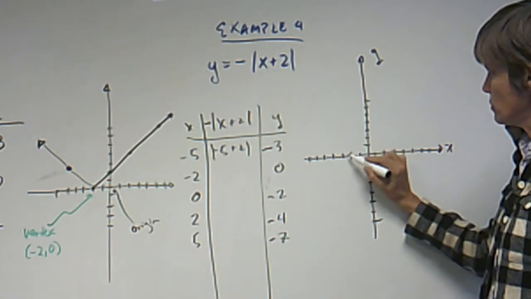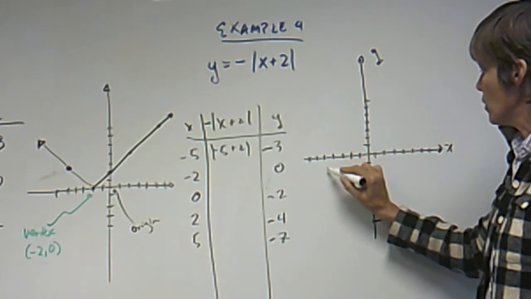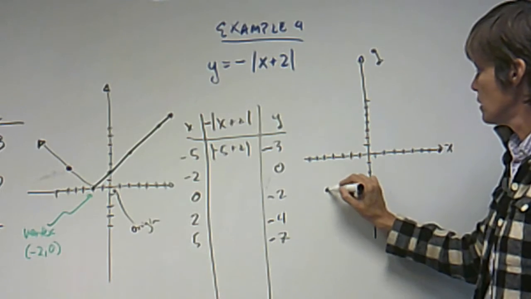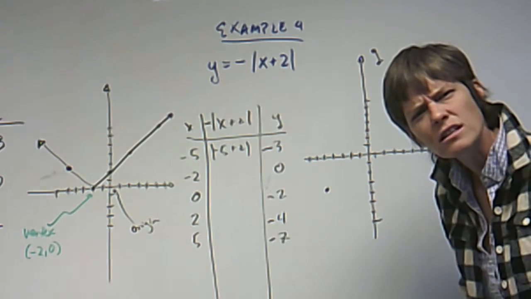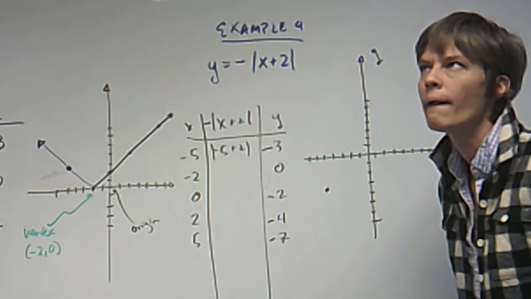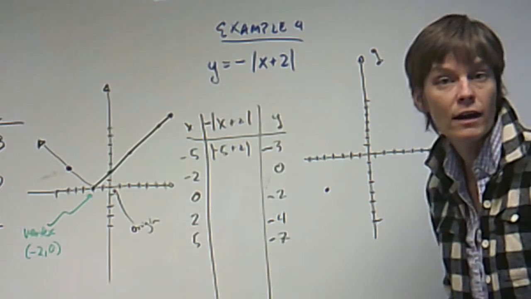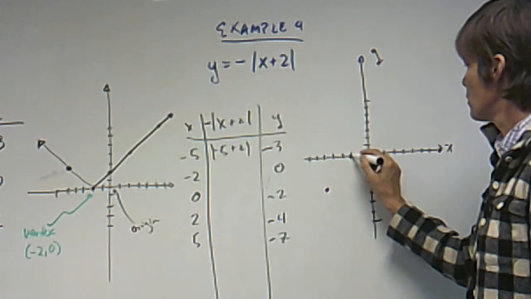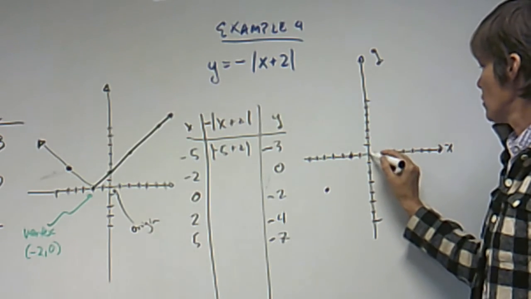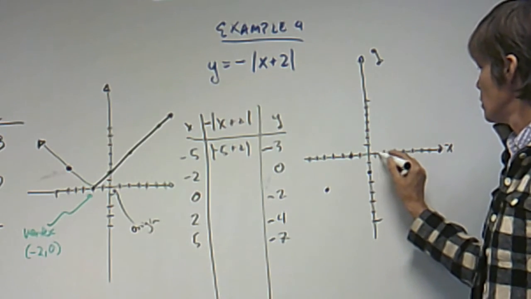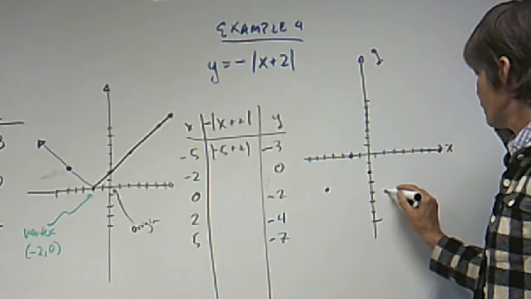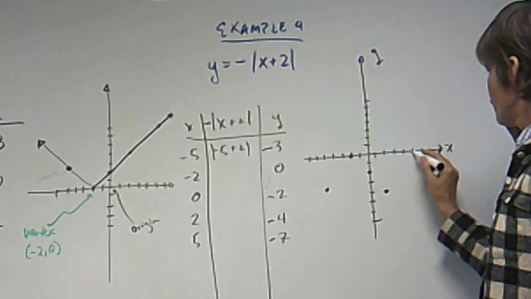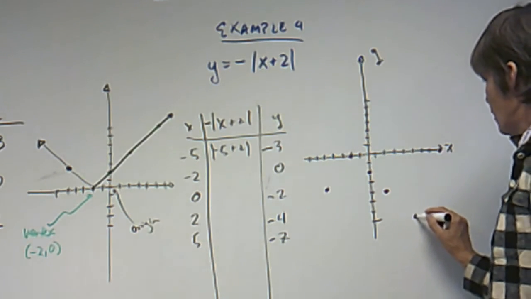Negative 5. 1, 2, 3, 4, 5. 1, 2, 3. Do you think our vertex is in the same spot? We'll find out, I guess, right? Negative 1, 2, and 0. 0 and negative 2. 2 and negative 4. 5 and negative 7.